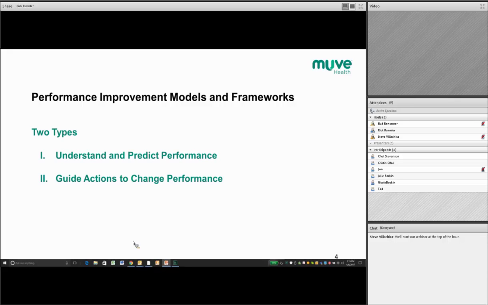He's trying to make sense of human performance and the variables that impact human performance with that model. Where something like ISPI's HPT model, for those who are familiar with it, I would put in the second category. It's more about what's the sequence of actions to bring about change, and with methods and tools associated with that.